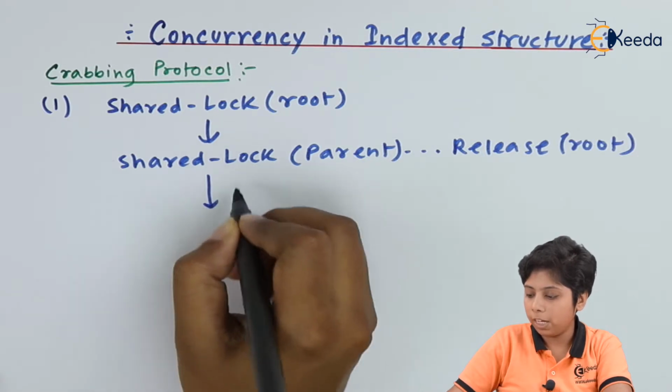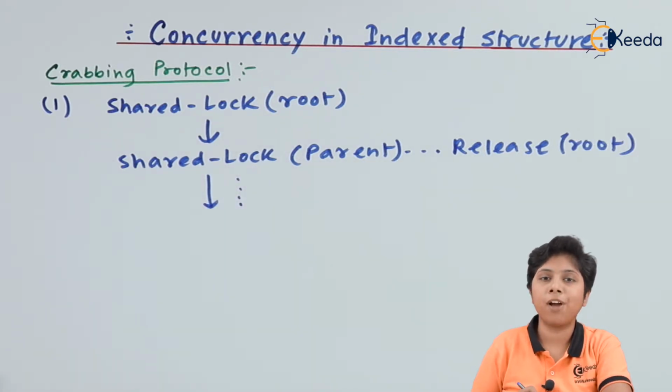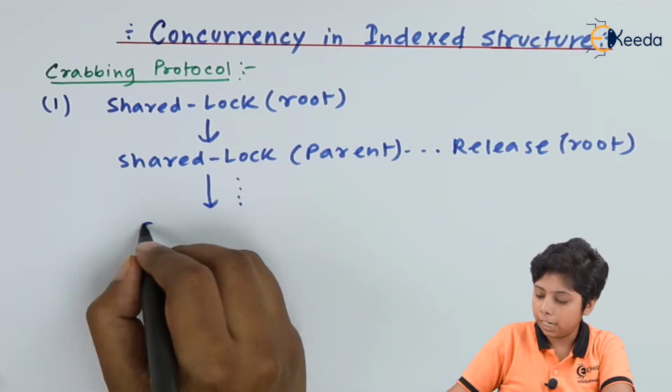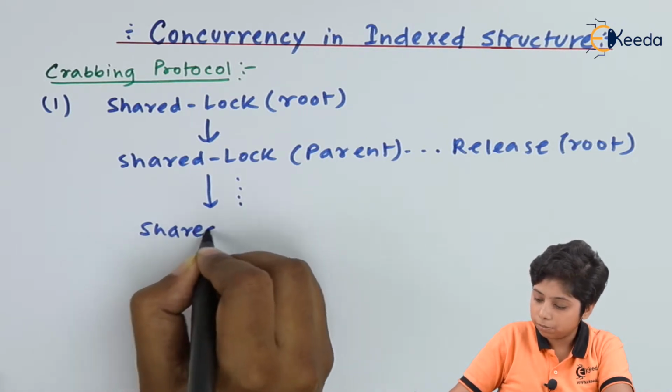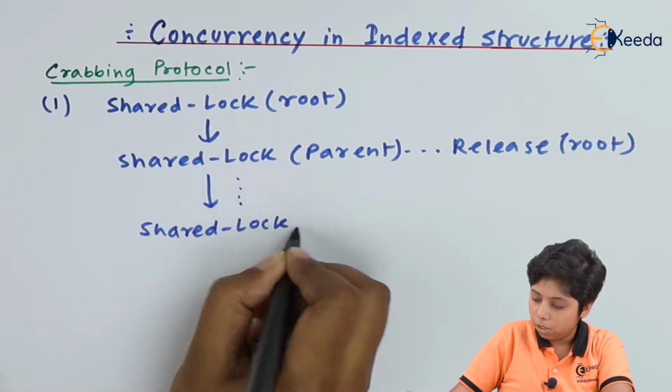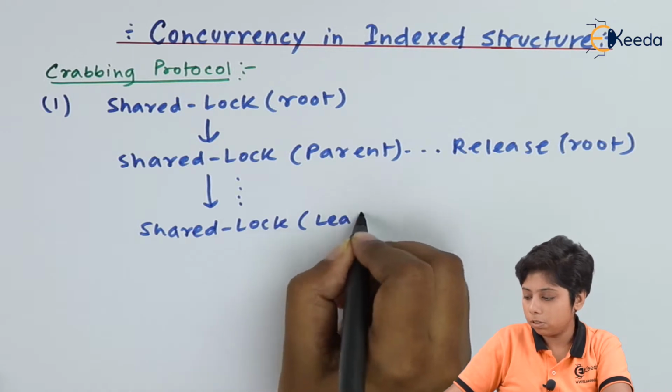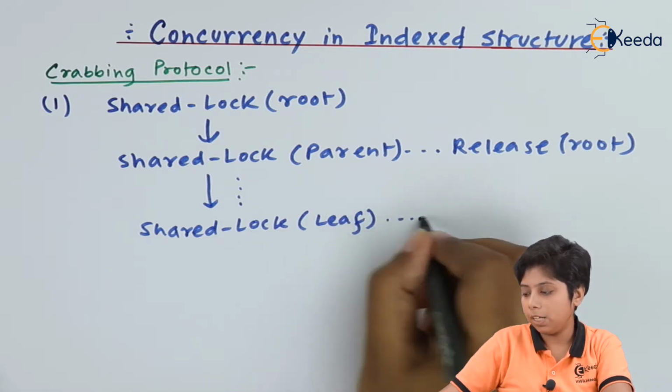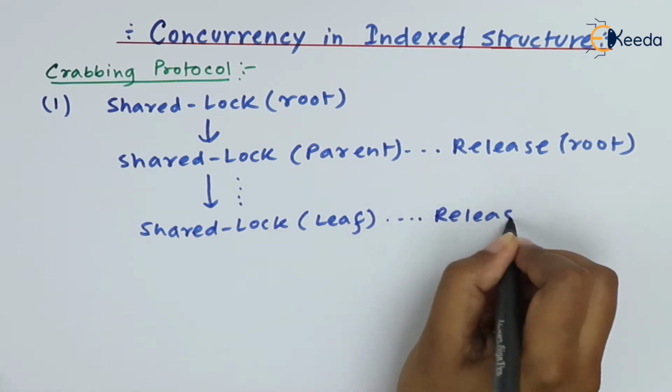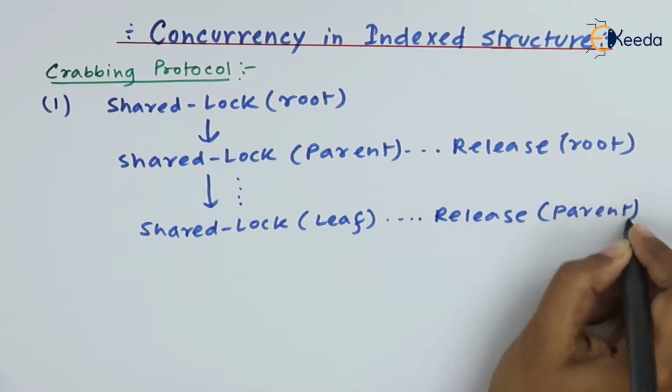In this way it moves until it finds a leaf node, then acquires a shared lock on the leaf node and then releases the parent node.